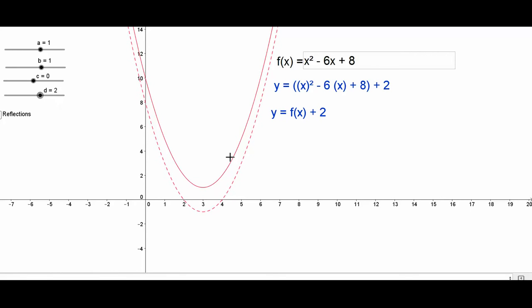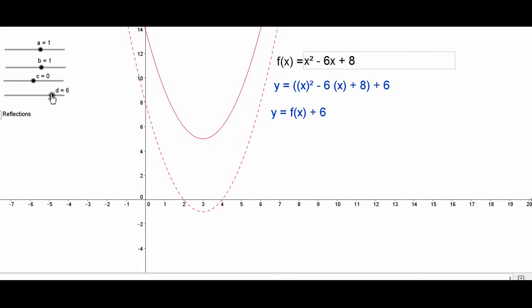So if I want to move up by 2, each point moves 2 in the y direction, parallel to the y-axis, and so I add 2 to each y value, and that's achieved by adding 2 to the function. So here y equals f of x plus 2, or the function x squared minus 6x plus 8 plus 2.